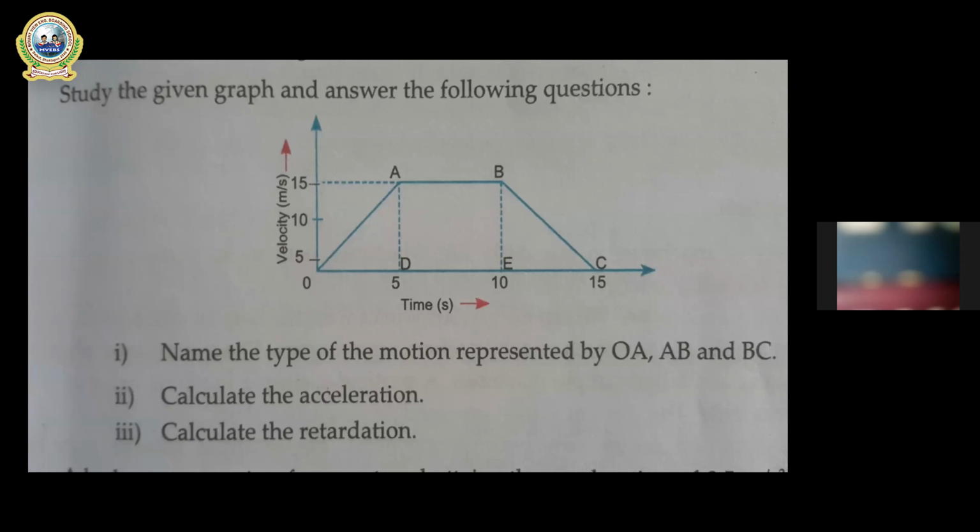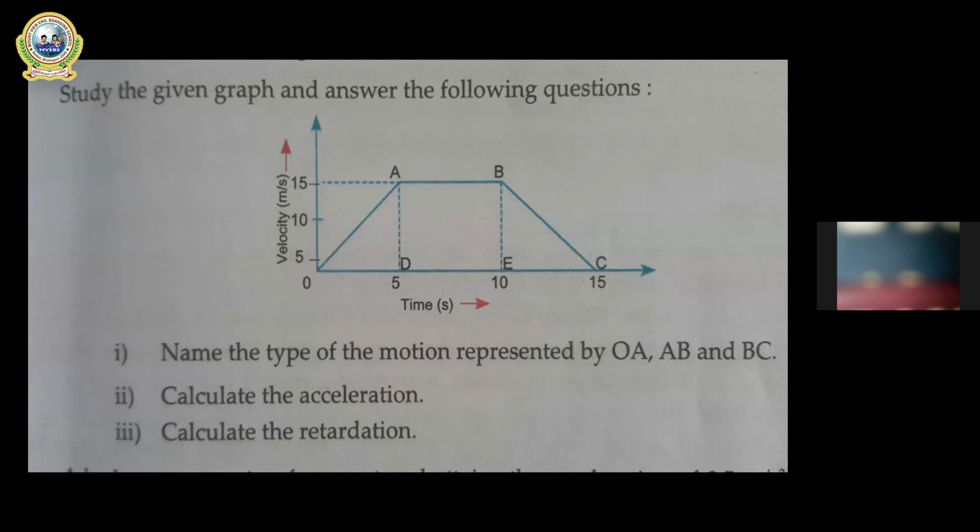Now, when we are given the graph and, looking at the data of velocity and time, we find the acceleration of the respective lines, this method is called the graphical method.